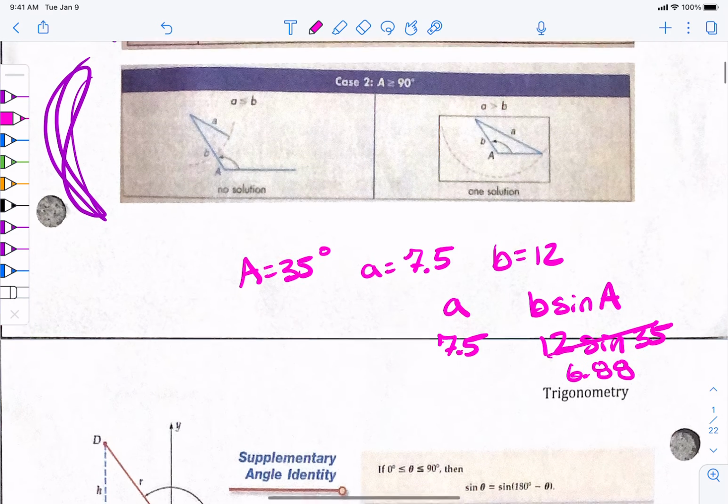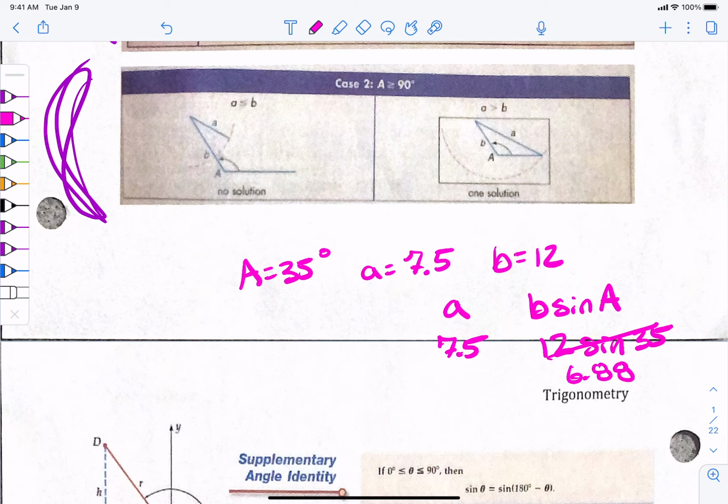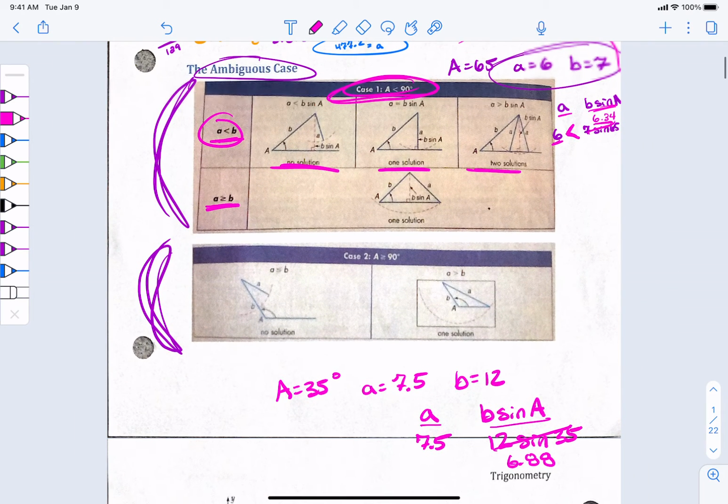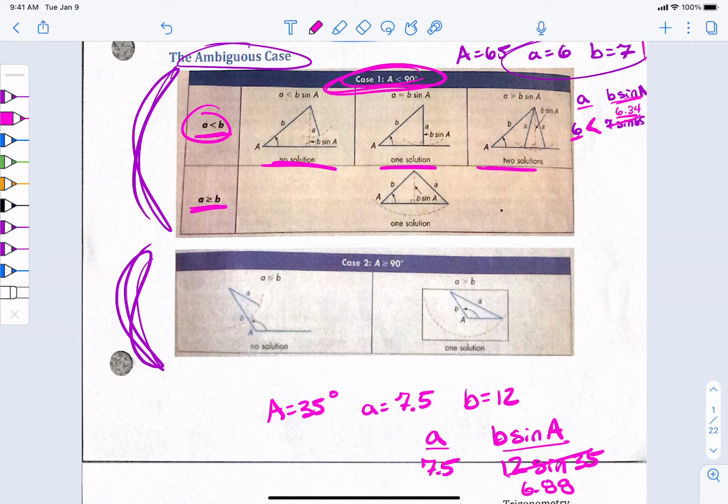6.88. Okay. Which two are we looking at? A in comparison to B times sine of A. So 7.5 in comparison to 6.88. It's greater than. So what's happening here? We have two solutions going on.